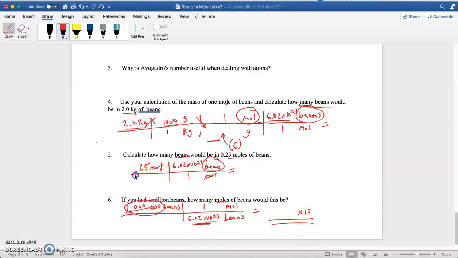Same thing here: 1/4 of a big number is still going to be a very big number. Don't forget, your calculator will probably say E22 or E21. Don't forget to put times 10 to the 21 or 22, whatever your calculator gives you. So that'll conclude this lab. Finish this. This will be due next class when I see you.